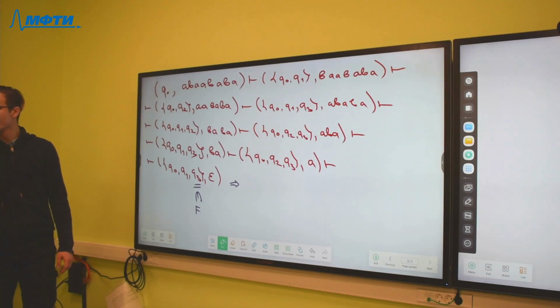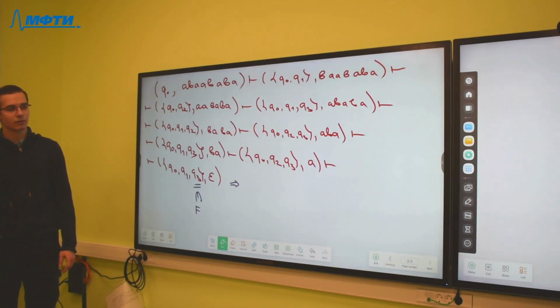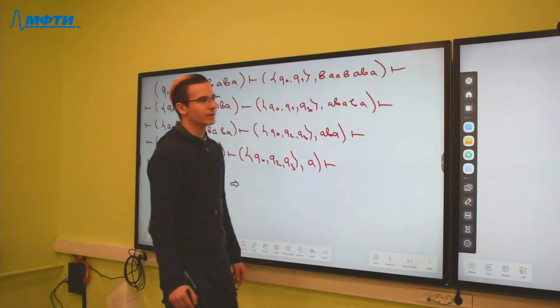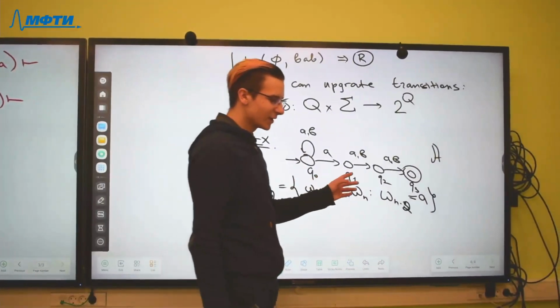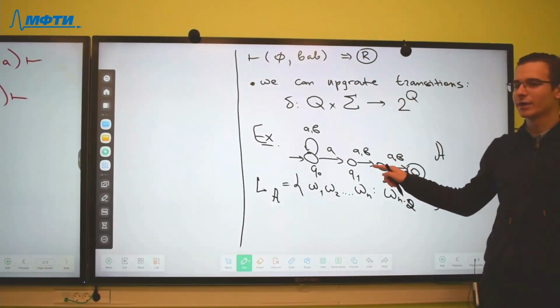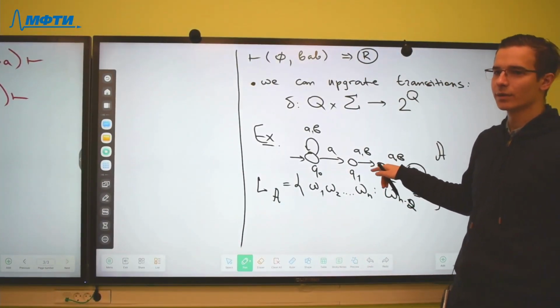If we have A, B on every edge, can we say that every string consisting of A, B is in our language? Yes, but with the length bigger or equal to 3.